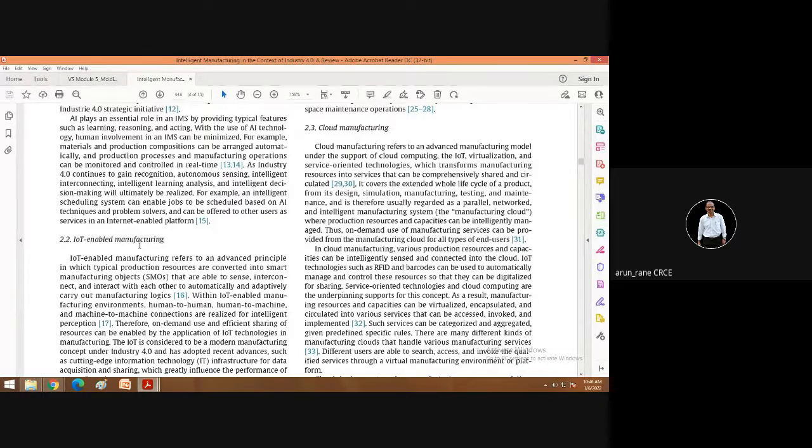Or is it because there is material but the quality is not good? Or is it because of breakdown of the machine, or breakdown of tools? Is it because setup is going on?